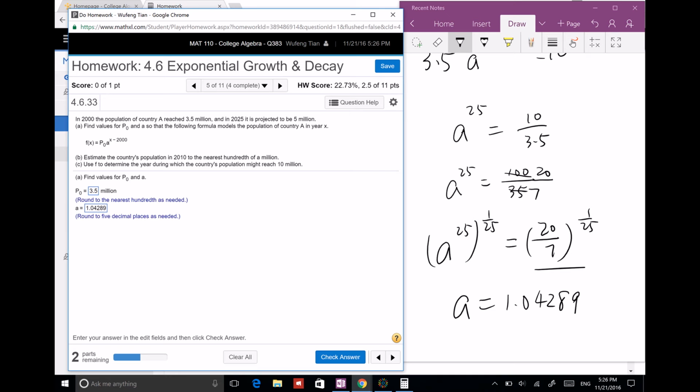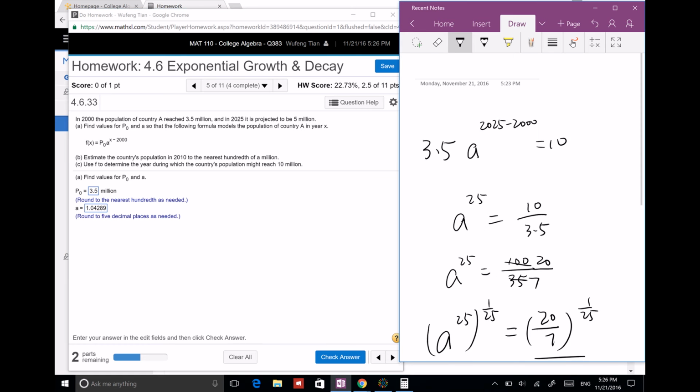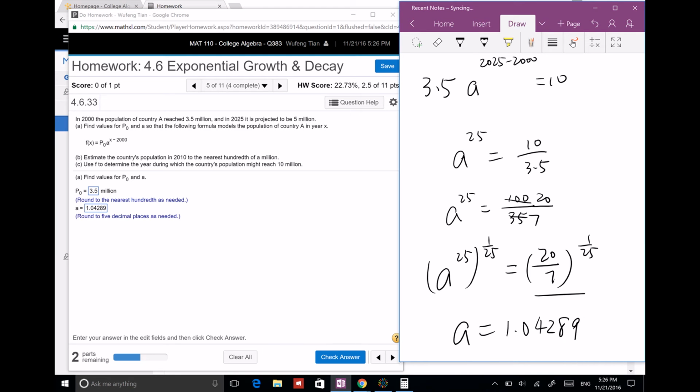So after 2010, it reached 3.5 million, and 2025 is 25 years later. So A to the 25 equals 10 over... Oh my gosh, what am I doing? It's 5 million. Why do I do 10? This is 10 reduced by 5, so it's 5 here.